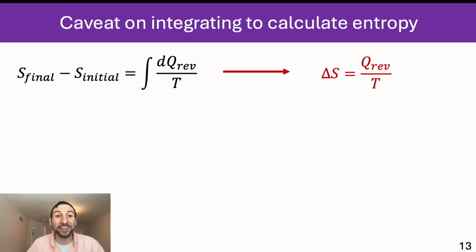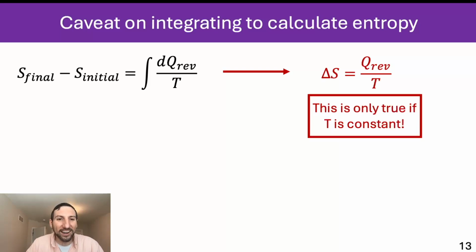And this is where the caveat comes in. You can only do that if T is constant. And that's a really important piece. T needs to be constant if you're going to do that because the temperature gradient affects the rate of heat transfer. If your temperature on one side is the same, then the rate of heat transfer is going to continue at the same rate.